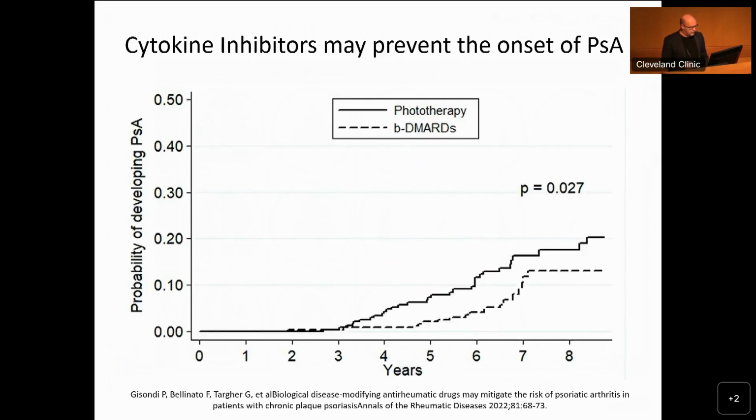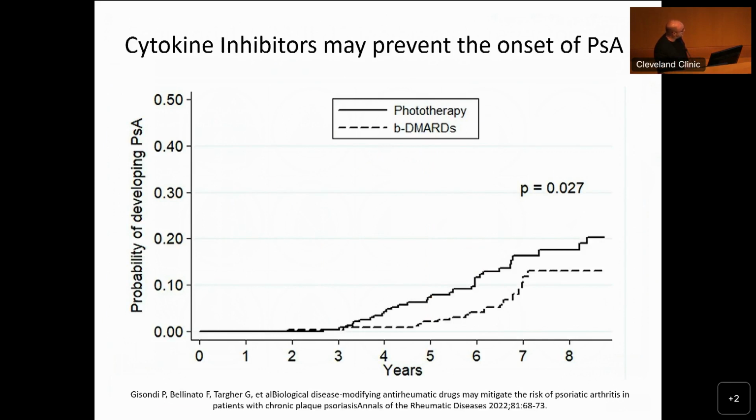Now, this is early treatment in psoriasis patients, and there is, I think, now a shift in psoriasis also to use more systemic therapies rather than local treatments, which is potentially also inhibiting the development of psoriatic arthritis, although the data are still not sufficient to claim that.